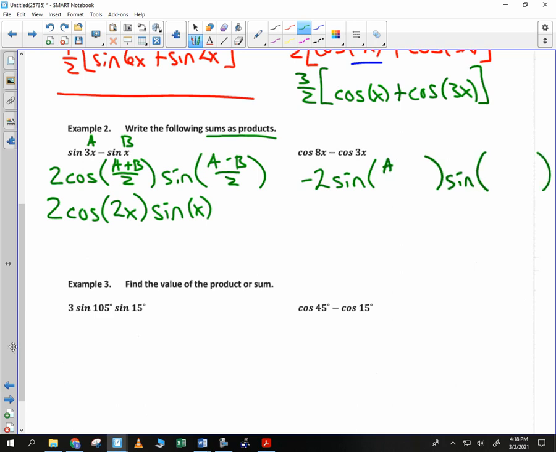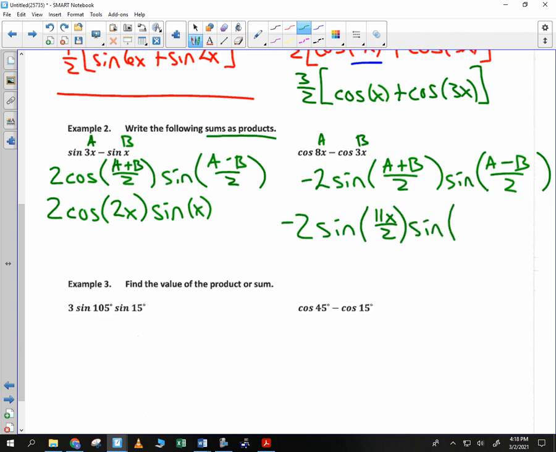And it's a plus b divided by 2 and a minus b divided by 2 in this scenario. So -2 times the sine of, this is a and that's b. 8x plus 3x is 11x, so 11x over 2. And then we got 8x minus 3x is 5x, so 5x over 2. There you have it. No negative angles, so no need to worry about that, okay?